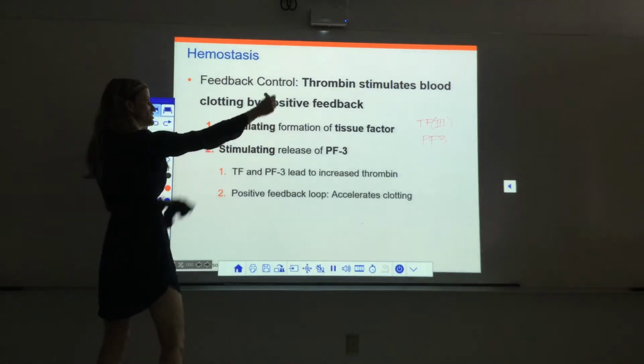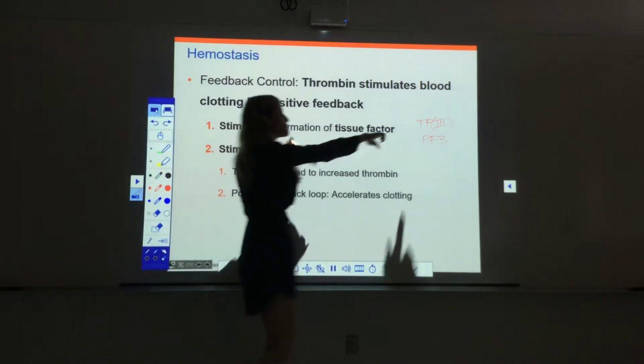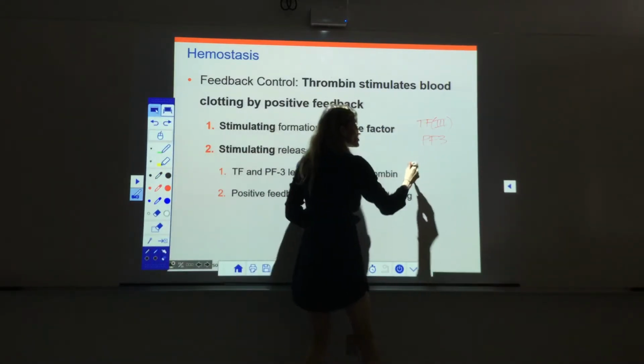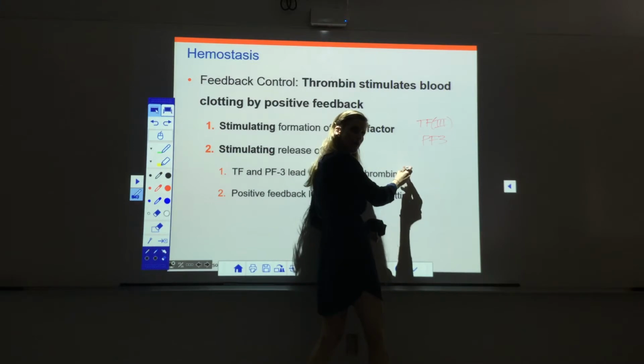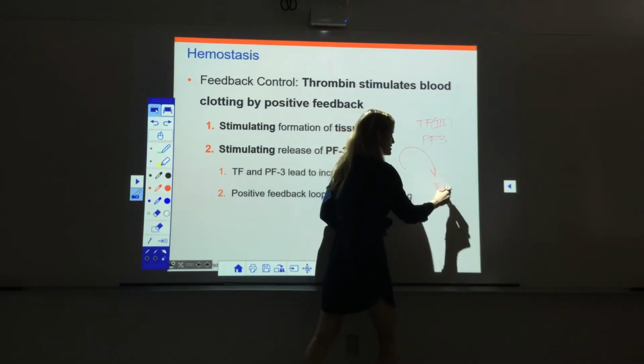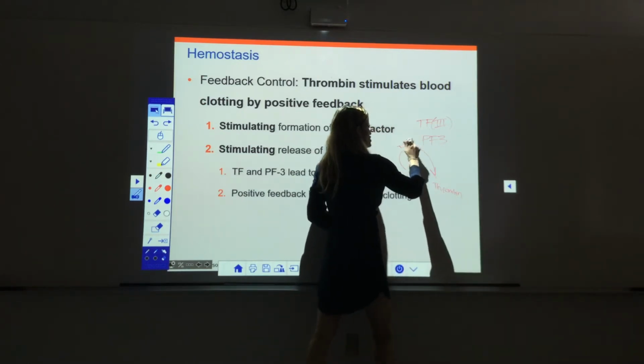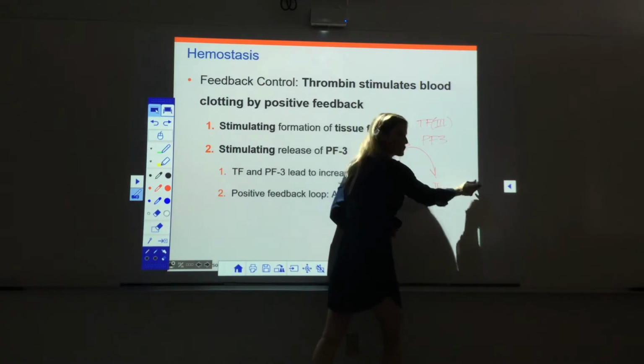Both of those lead to the production of more thrombin, right? Remember, tissue factor 3 goes through the extrinsic pathway, and that ends up leading to the common pathway, which activates and produces thrombin. Platelet factor 3 stimulates the intrinsic pathway.